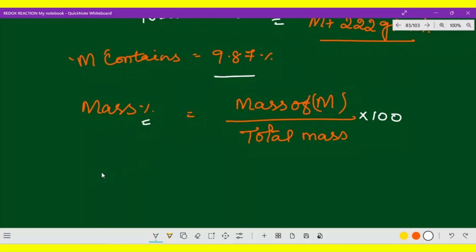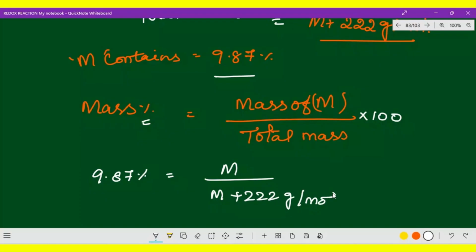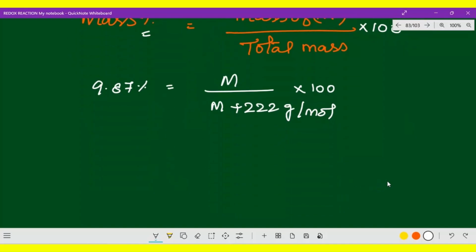Now here, mass percentage: 9.87% equals the mass of metal M divided by capital M plus 222 gram per mole, into 100. Okay, let us rearrange this to calculate it very easily.